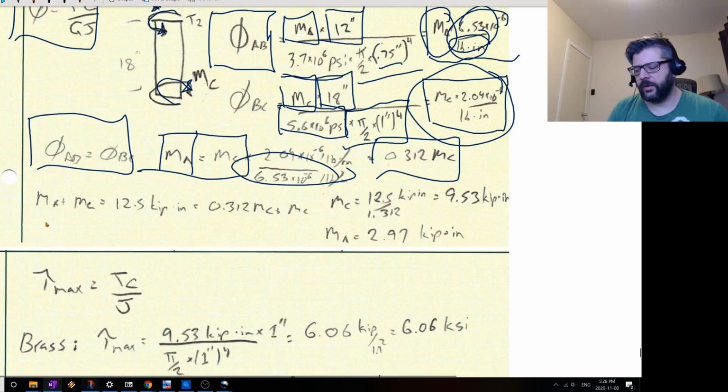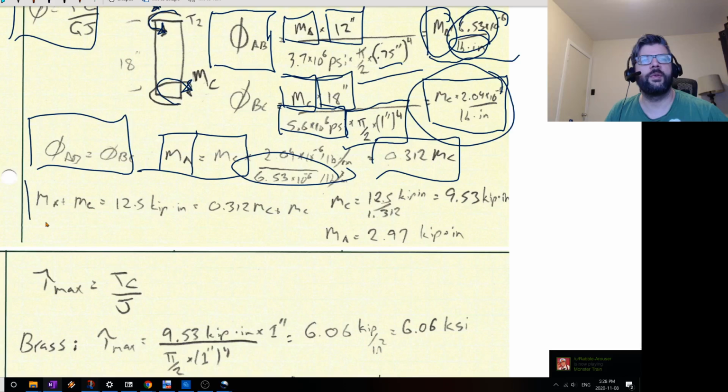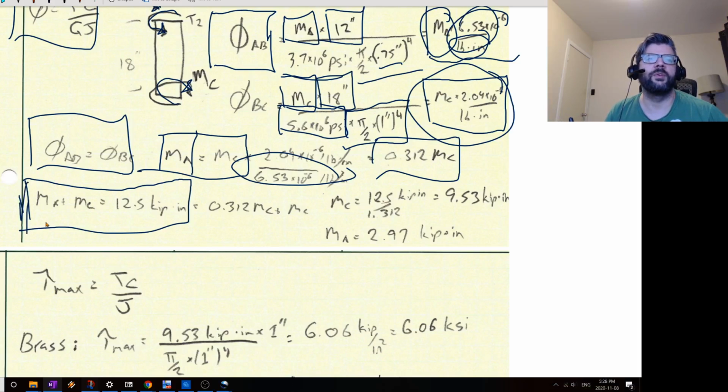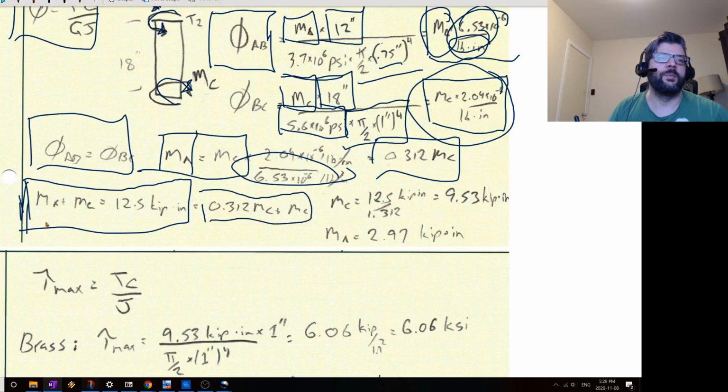But anyways, we also have our other portion of the compatibility condition: the total reactions need to be equal to 12.5 kip inches when we add them together. So adding those together, MC plus 0.312 MC allows us to solve for MC equal to 12.5 kip inches divided by 1.312, which gives us 9.53 kip inches.